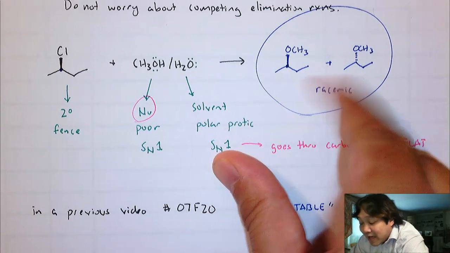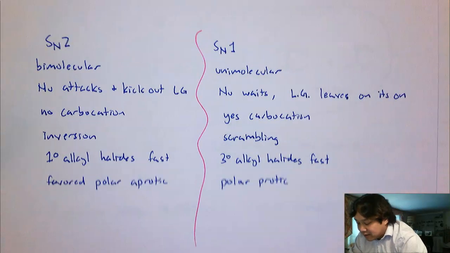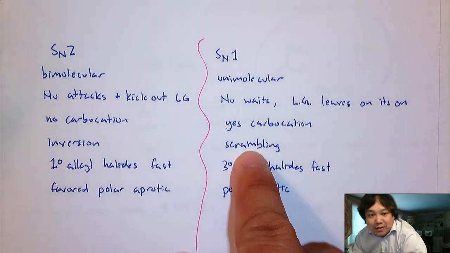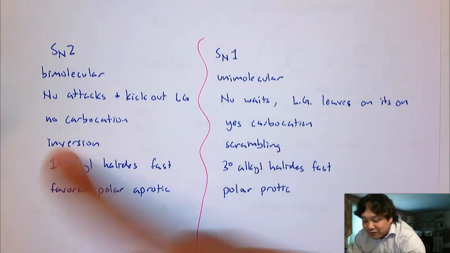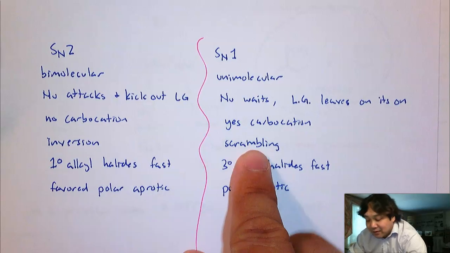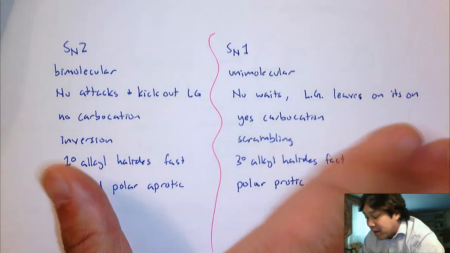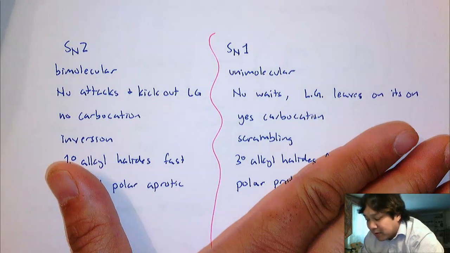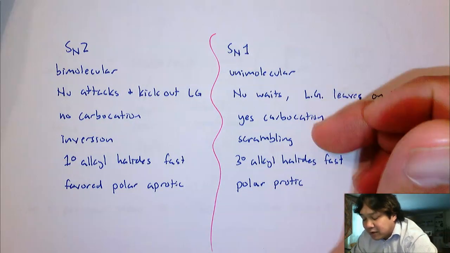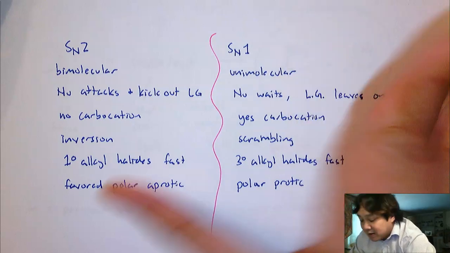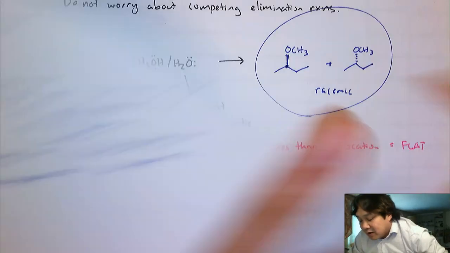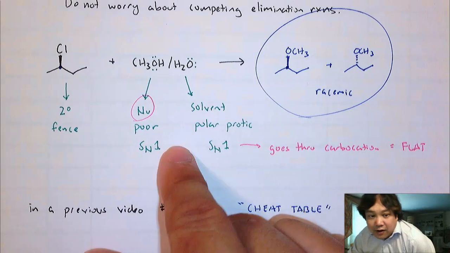We made R and S. Right there. Scrambling. Not inversion. You have scrambling. If you can memorize this table, okay, but also there's rationale for each of these points. But if you can memorize this table, you'll avoid any careless errors.